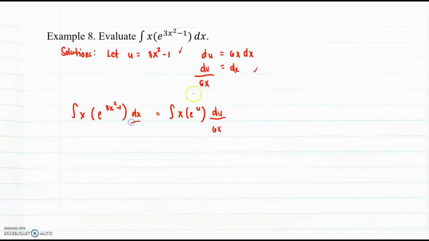Because dx here is equal to du over 6x. Now we can cancel, or divide out, x.